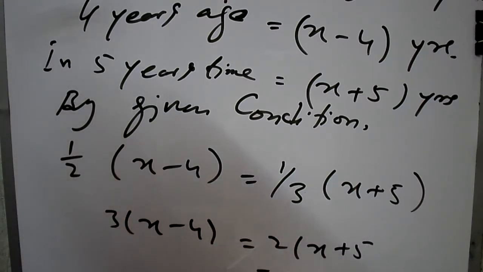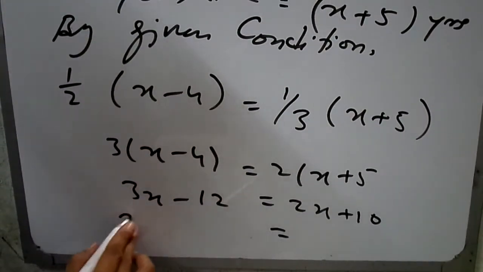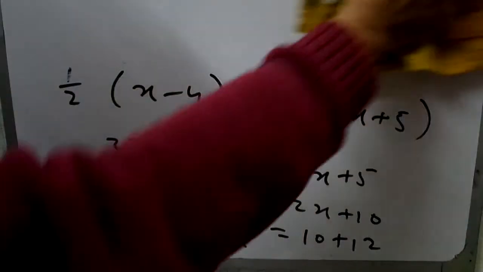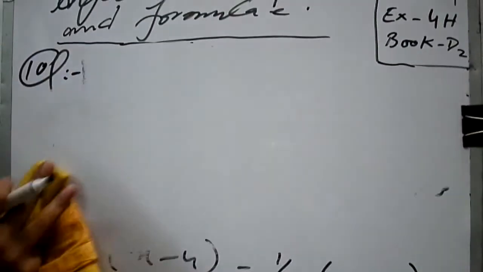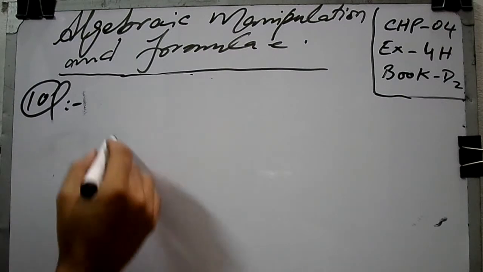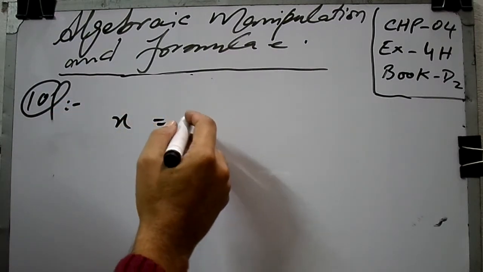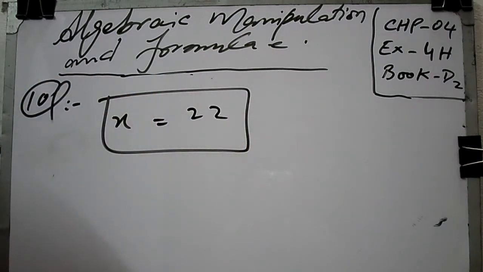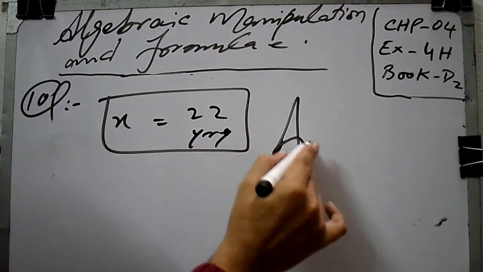So the x value should be shifted to one side and the constant value to the other side. After simplification, you can see the x value is 22. So the value of x is 22 years. That is your result.